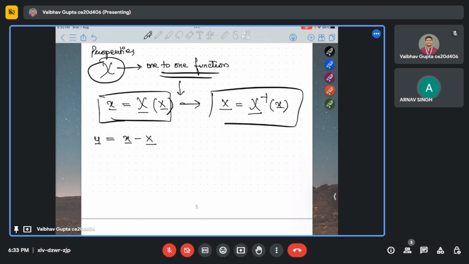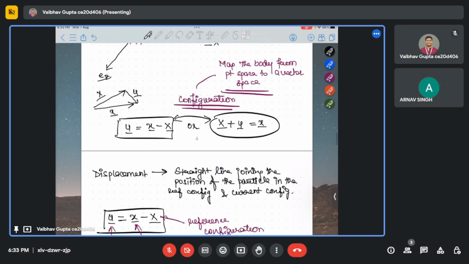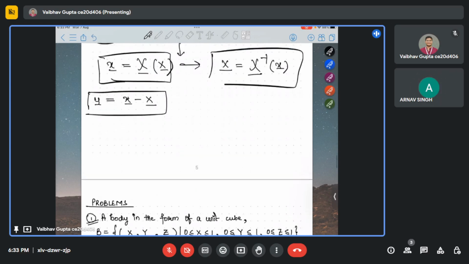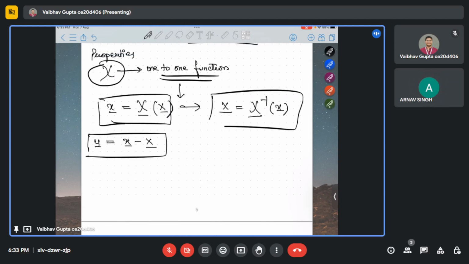Now we saw that displacement is small x minus capital X. This is what we saw with the help of the vector law of addition here. Now suppose you know only small x, you don't know capital X. How will you define this small u?